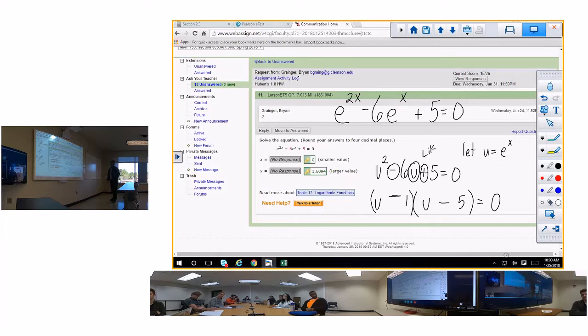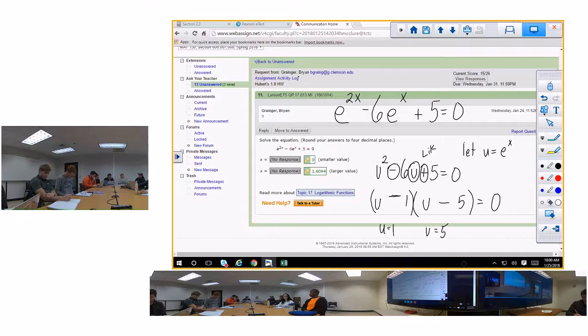Now you just plug u back in, or you solve: u is equal to 1, and u is equal to 5.